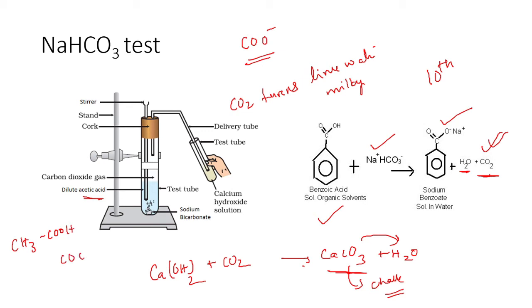It contains the COO minus group, so this will react and carbon dioxide gas will be evolved. Here a cork is given and this gas is passed through a delivery tube into a test tube where Ca(OH)2 solution is there, and it will turn the lime water milky. Again, there is a color change, from colorless to milky solution, so you can easily say that this is a physical change.